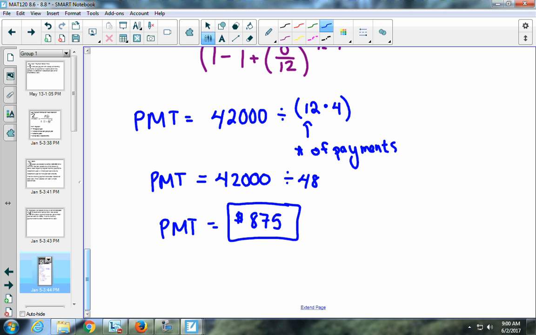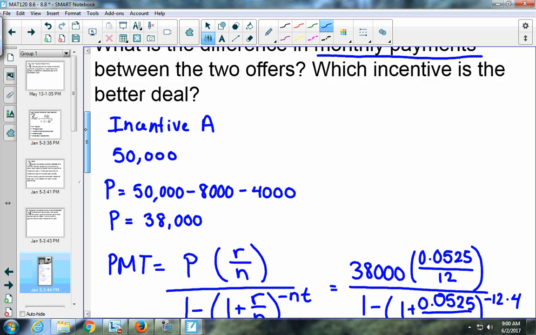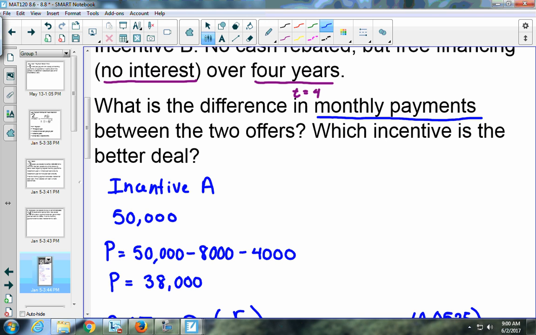So we're closer to answering that first question. What is the difference in monthly payments? Remember, difference is a key word for subtraction.